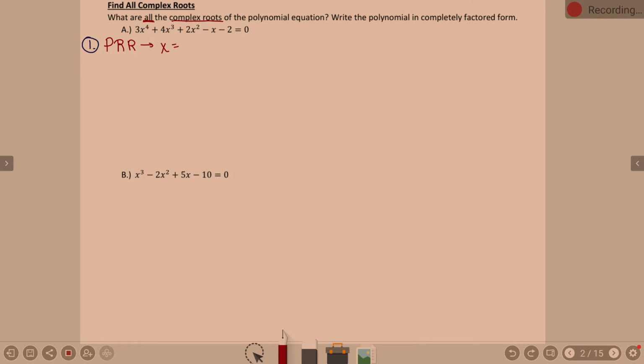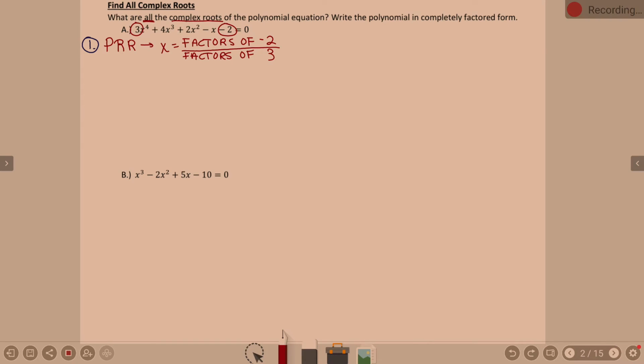Factors of, what is my constant? -2. I'm trying to keep this up to the top because there are several steps to do in this problem. So factors of -2, because that was my constant, over what's my lead coefficient? Factors of 3. So right there, guys, the -2, the 3, and that's because it is in standard form.